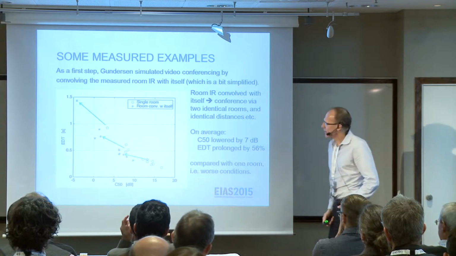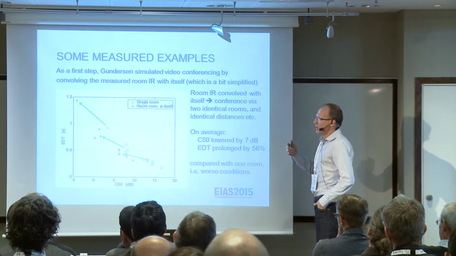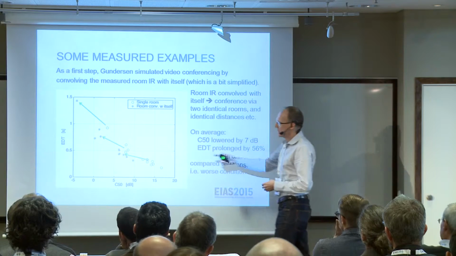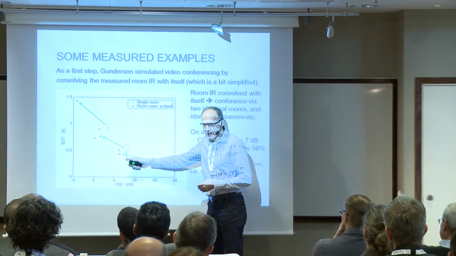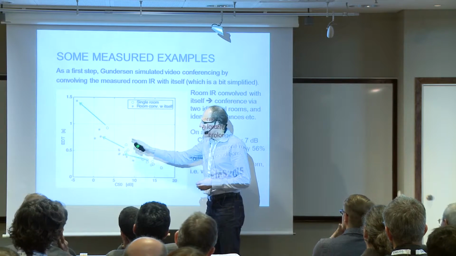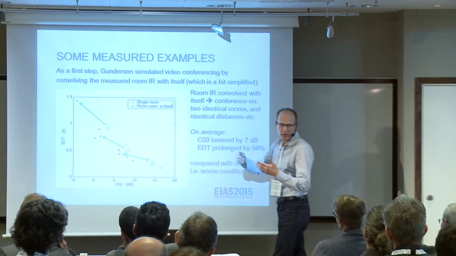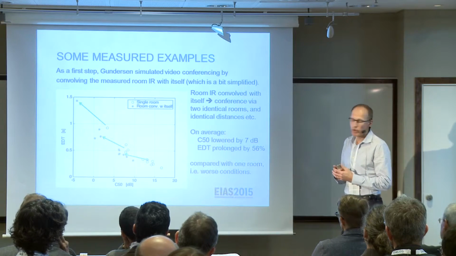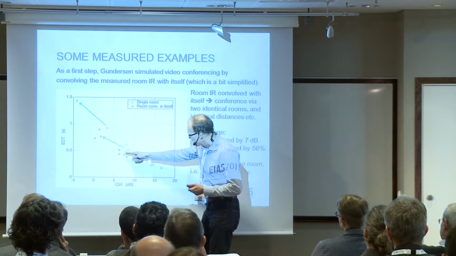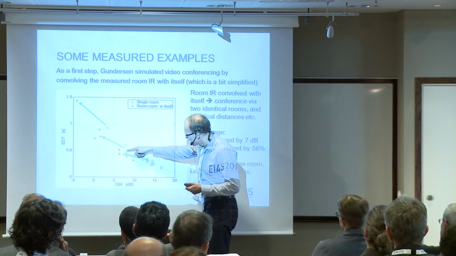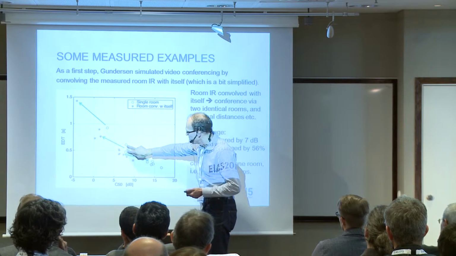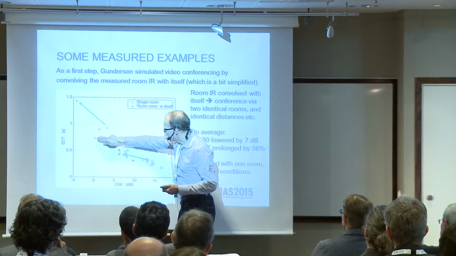we can get an idea of what happens, and when we do it, of course, the C50 will get lowered, and the apparent reverberation time will get longer. So these arrows show that these three cases, when we convolve them with themselves, are moved up here.